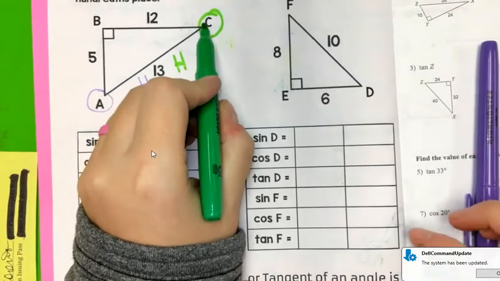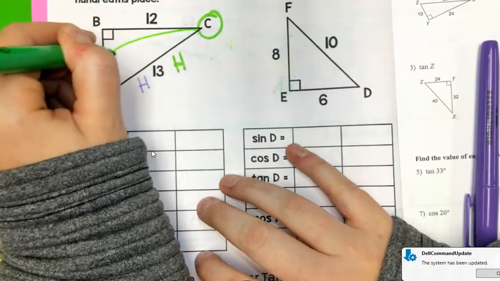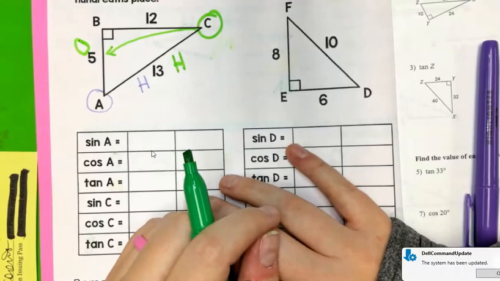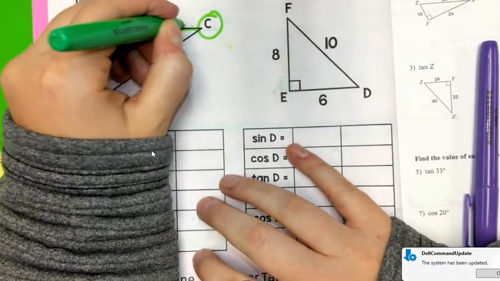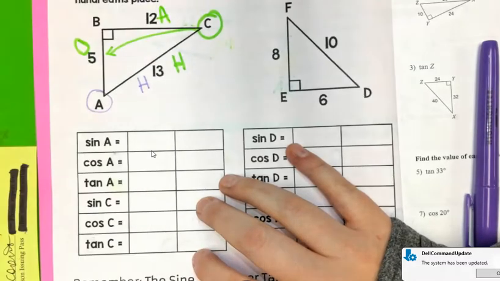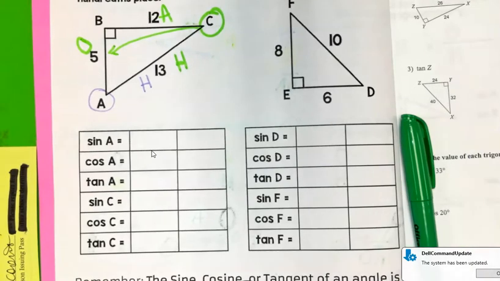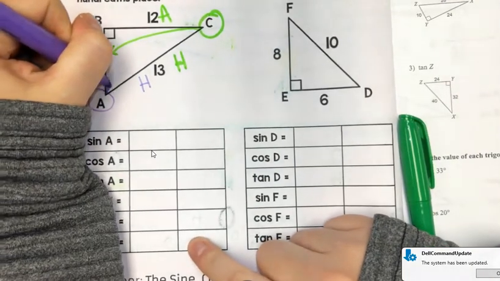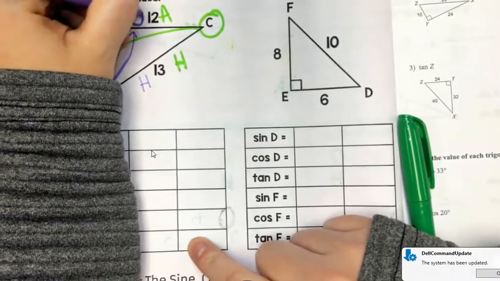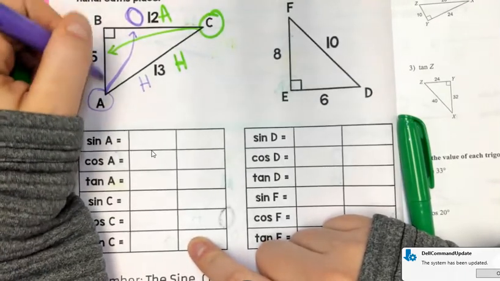All right, so starting with C, I'm using my green highlighter. If I go to the opposite side of the triangle, I will get to my opposite side. And then right next to C is my adjacent side. So 12 is going to be my adjacent side. All right, purple. If I go to the opposite side of the triangle, I get to 12. So for purple, or my A, the opposite is 12.